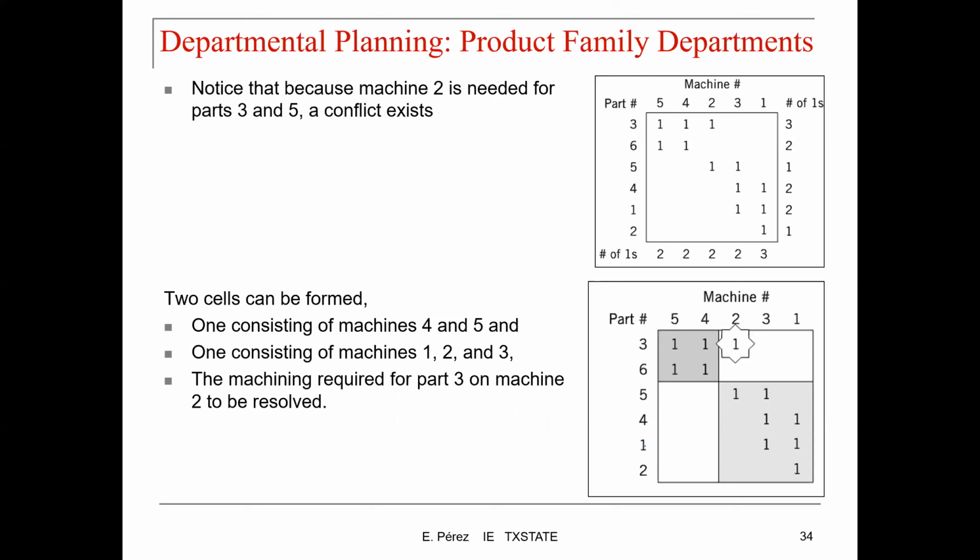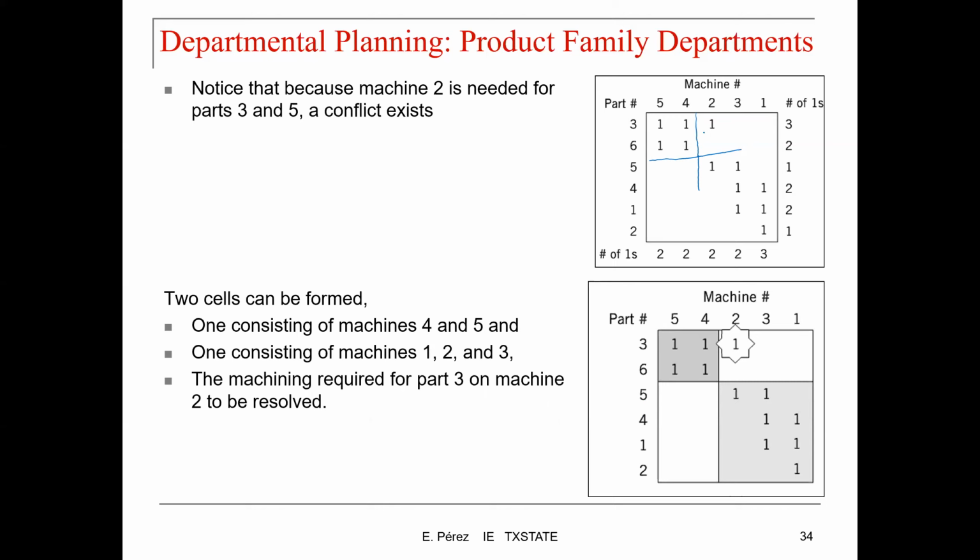So you will say, okay, I can try to split this, let's say, like this and this, but then we need machine 2 to produce part 3, so that's not an option.